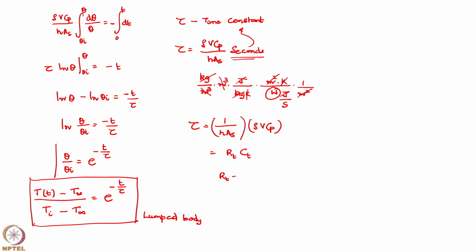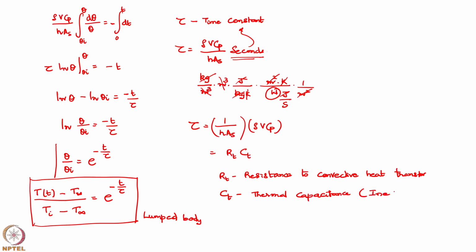That is, R T is the thermal or convective resistance to convective heat transfer, and C T is thermal capacitance, or a kind of thermal inertia. In fact, instead of capacitance, if you are comfortable, you can think of this as thermal inertia. The body has inertia to undergo the heat transfer.